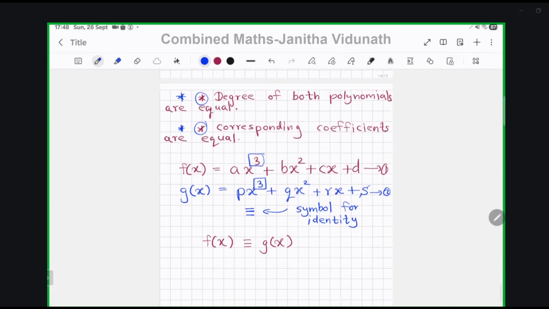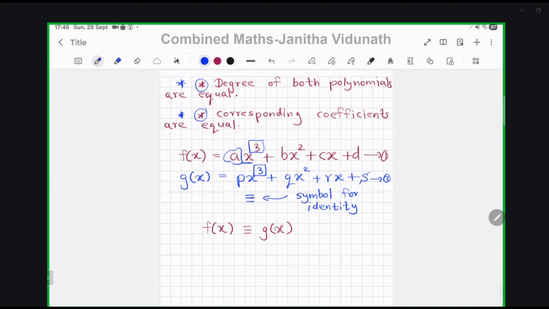The coefficient of x cubed is a. Then for identical polynomials, a should be equal to p. And b should also be equal to q. And c also needs to be equal to r.